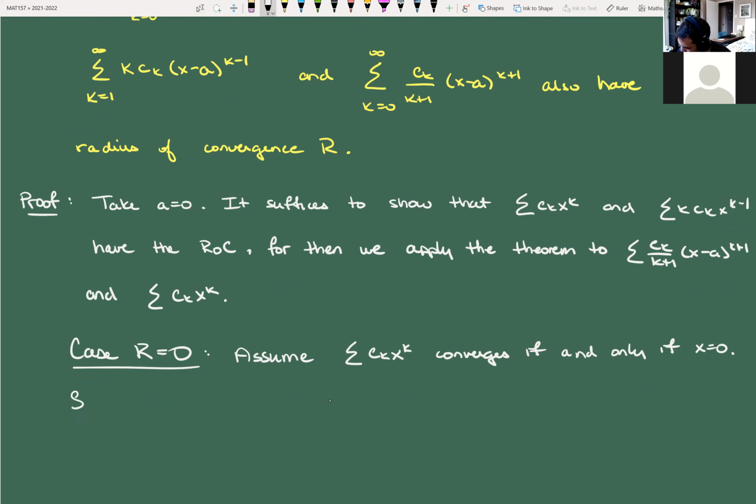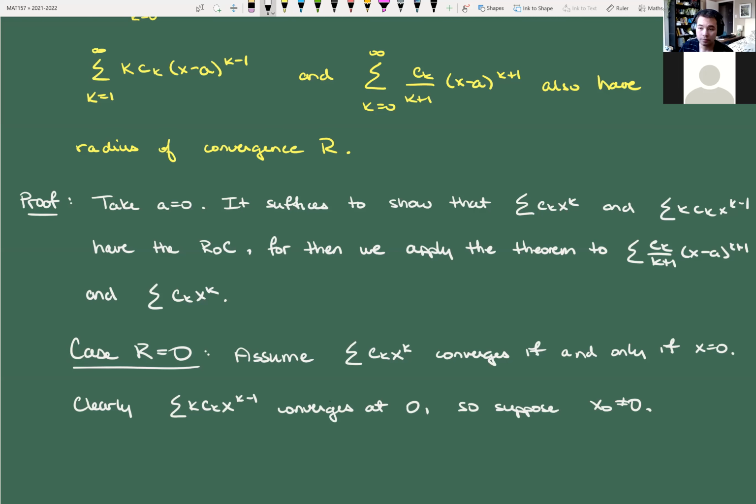So suppose, let's say clearly the sum of k c_k x^(k-1) converges at 0. So suppose x naught is not 0, right? We need to show divergence.